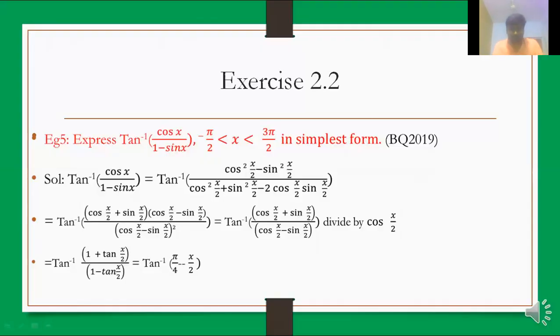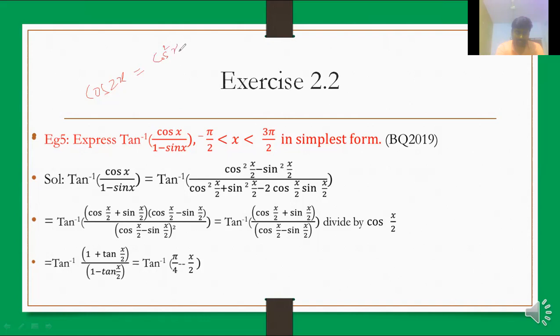Tan inverse of, this is very important, tan inverse of cos x by 1 minus sin x, where x lies between minus 90 to 270. Anyway, in simplest form. See here, what is the formula for cos 2x generally? The cos 2x formula is cos square x minus sin square x, which we have learnt in class 11.